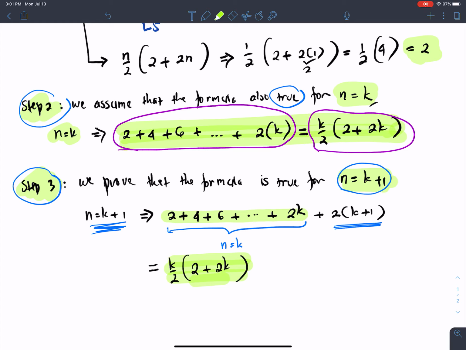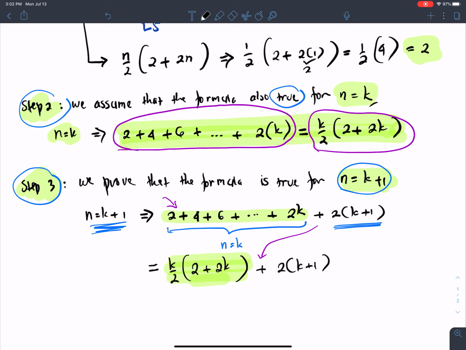So from the first line here, we said it is equal to k over 2 times 2 plus 2k, because we already assumed in step 2 that this is true. So next, we still have the continuation here. So plus 2k plus 1.